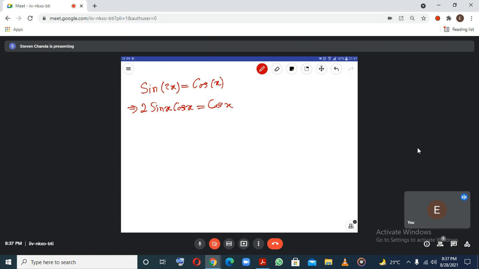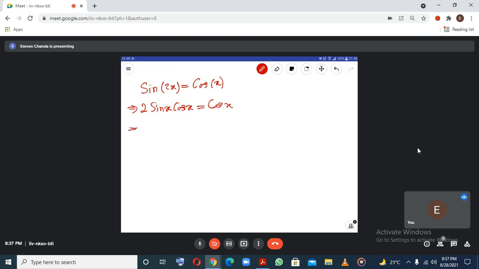When you divide both sides by cos, you may lose an answer. So please don't go for that temptation. You are going to lose an answer, so you may find yourself getting half marks.